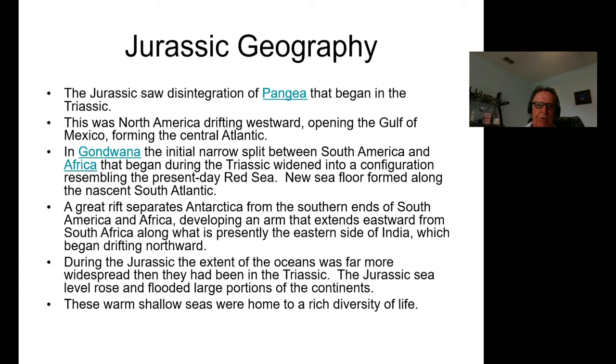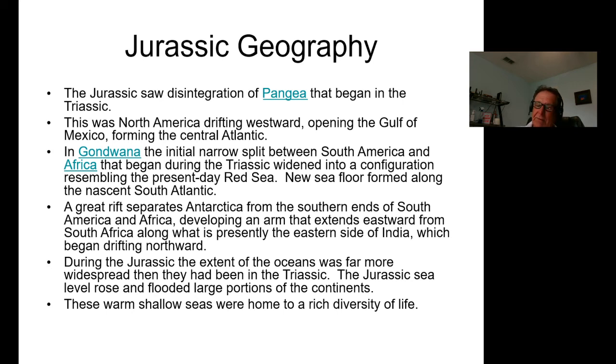So the South Atlantic was just beginning to break apart during the Jurassic. There was also a great rift separating Antarctica from the southern ends of South America and Africa, developing another arm that extends eastward from South Africa along what is presently the eastern side of India, which began to drift northward.